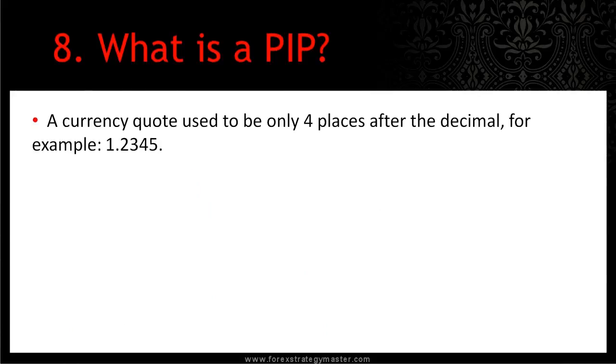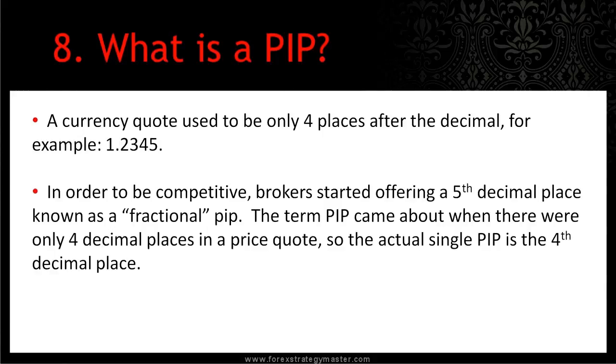A currency quote used to be only 4 places after the decimal. For example, 1.2345. It used to be just 4 decimal places. Now, in order to be competitive, brokers started offering a 5th decimal place, and this is known as a fractional pip. The term pip came about when there were only 4 decimal places in a price quote. So the actual single pip is the 4th decimal place.